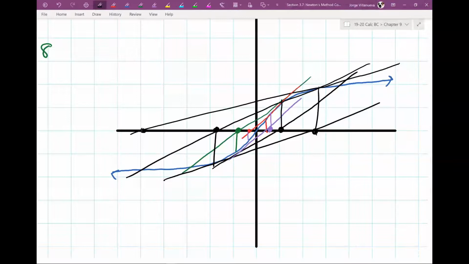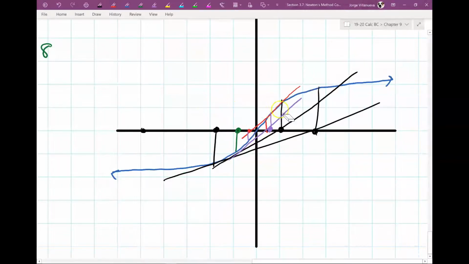Does it have a zero? Yes, it does. It has a zero at 0, 0. But if I use Newton's method, it doesn't work for this one, because of the way the curve is. The curve doesn't fit it properly. So it doesn't mean a zero doesn't exist. It actually does, just not for this situation.